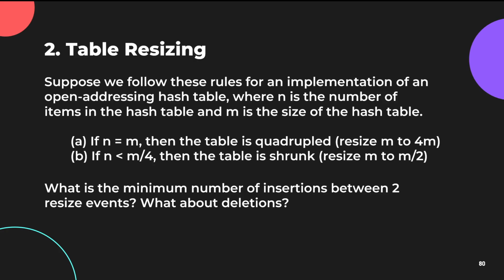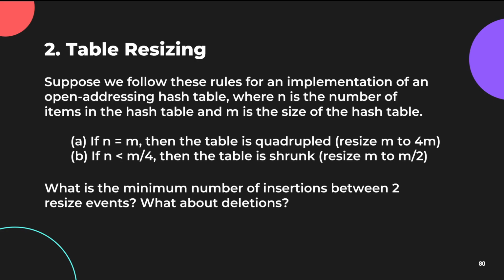Then I insert the last one. So that will be 1 for hashing the item, 1 for creating the new table, n-1 to move everything from the old table to the new table, plus 1 to put the item inside. So that will look something like 3 plus n-1.